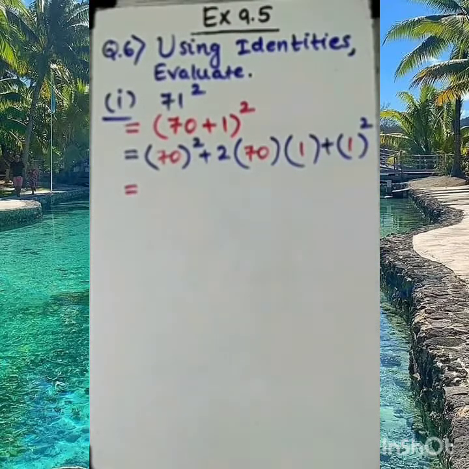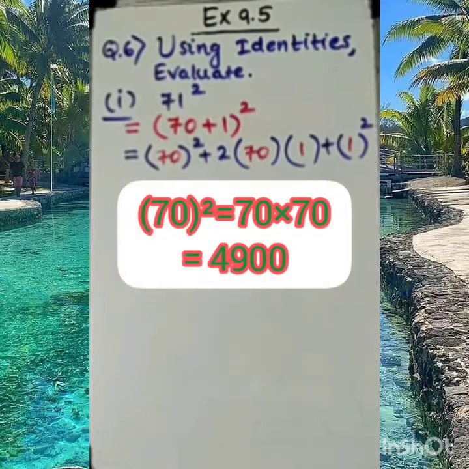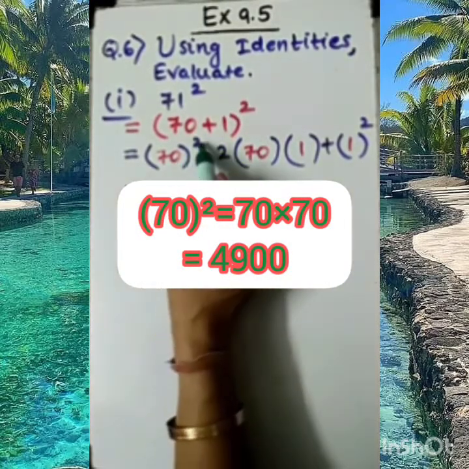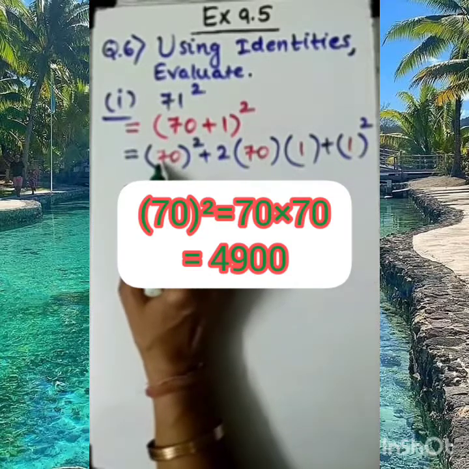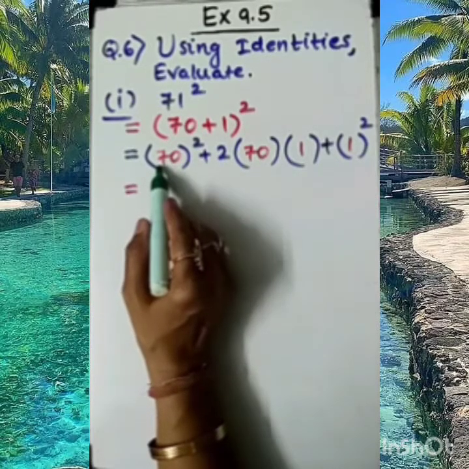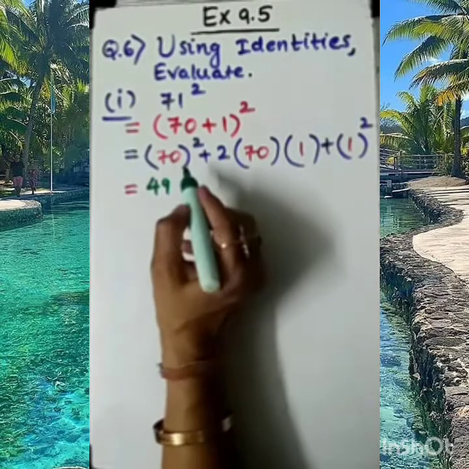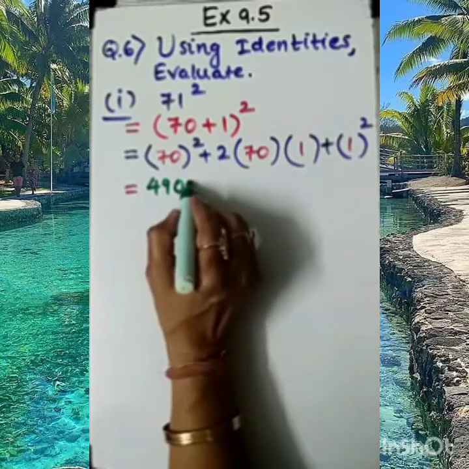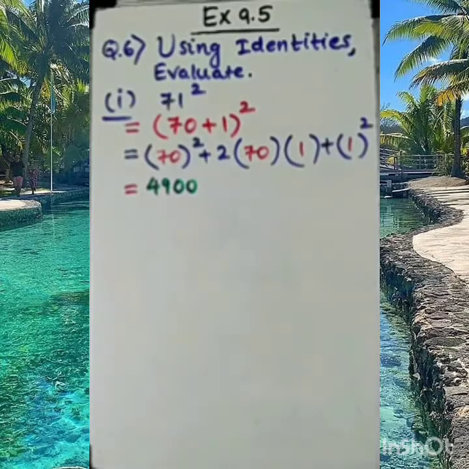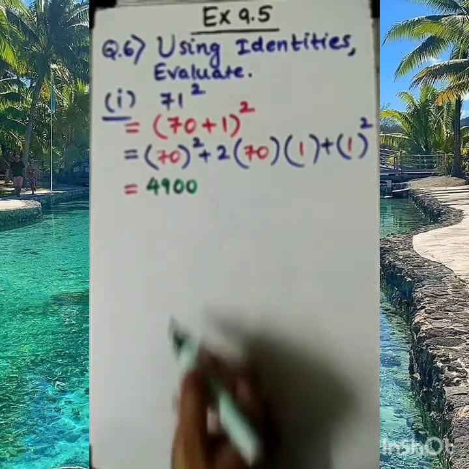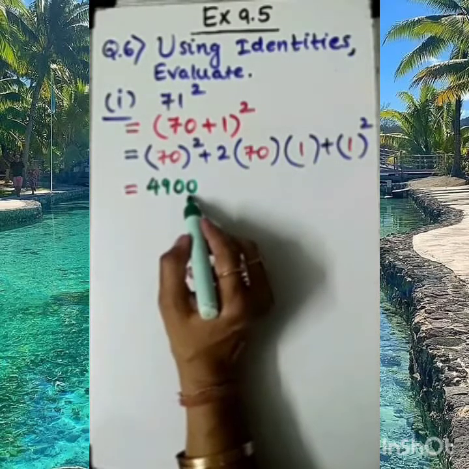So you can understand how we are applying the first identity here. Now, what is 70 square? Think about the square of 7 only. 7 into 7 is 49, and these two zeros mean 100, because each 0 indicates multiplication by 10, so 10 into 10 is 100.